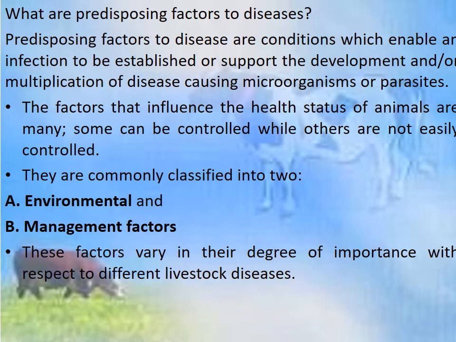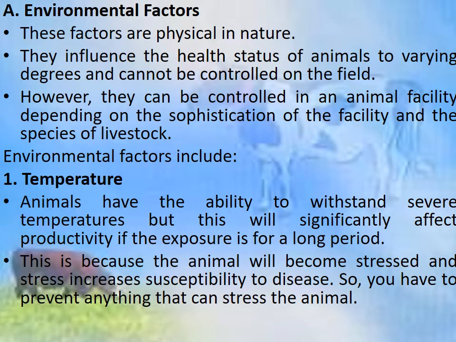To a large extent, these factors affect our livestock depending on the type of disease condition. Let us look at these factors and how they affect the health status of our animals. We are going straight to number one, environmental factors.